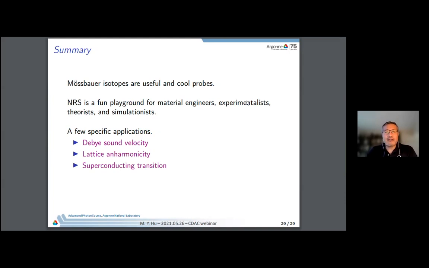Actually, that has been done already with an iron dysprosium compound, because both iron and dysprosium are Mossbauer active, right? So it's been measured. There it's very simple. You measure iron, and then you measure dysprosium, and then you just add them up.